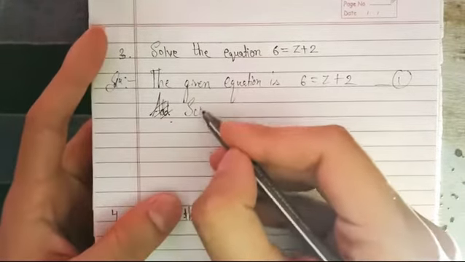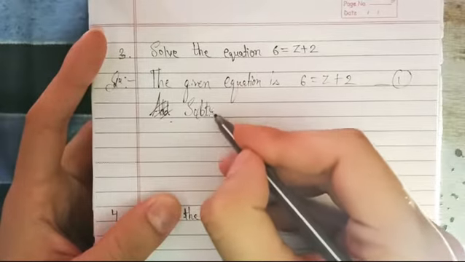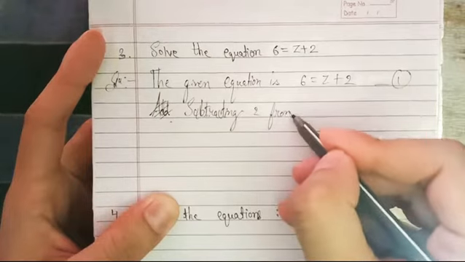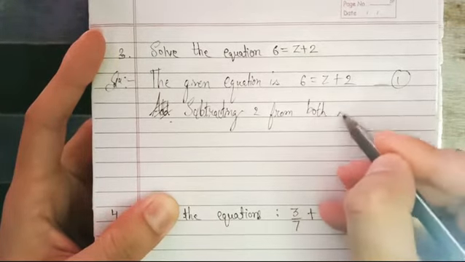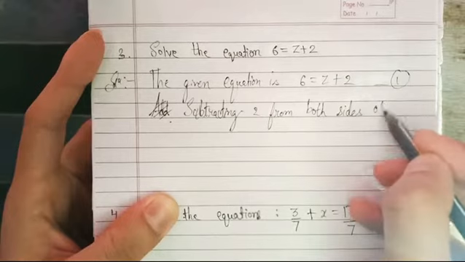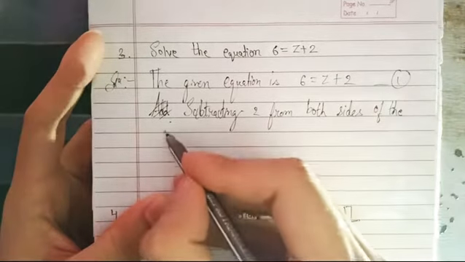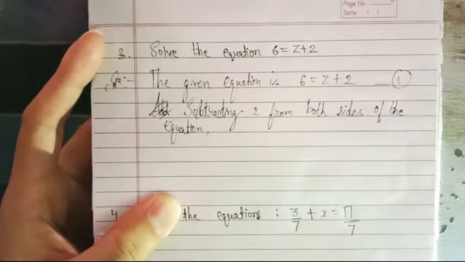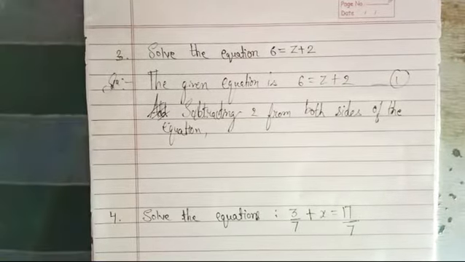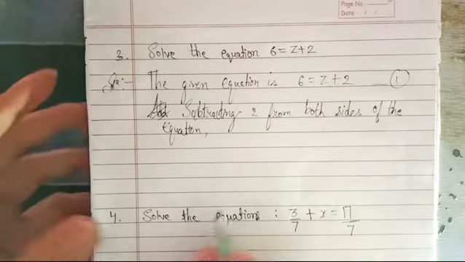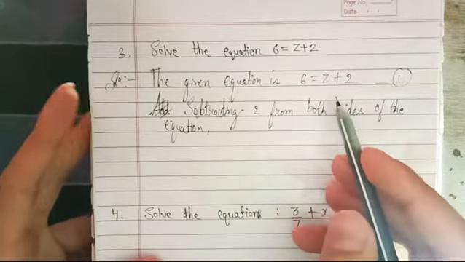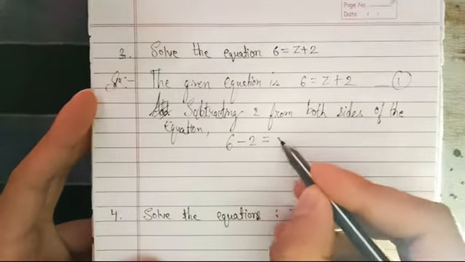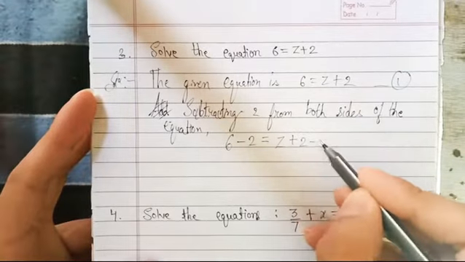So subtracting 2 from both sides of the equation, we get 6 minus 2 is equal to z plus 2 minus 2.